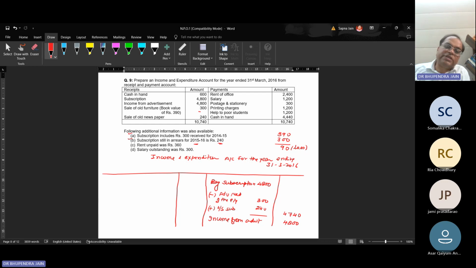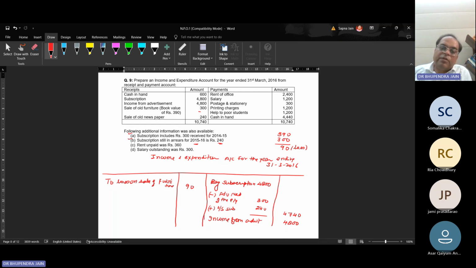All expenses or losses are debit. So what will we write here? To loss on sale of furniture. Clear? The last item written here is sale of old newspaper.